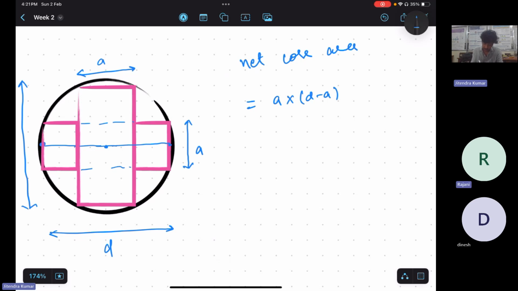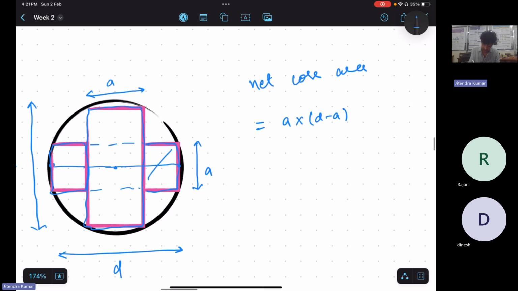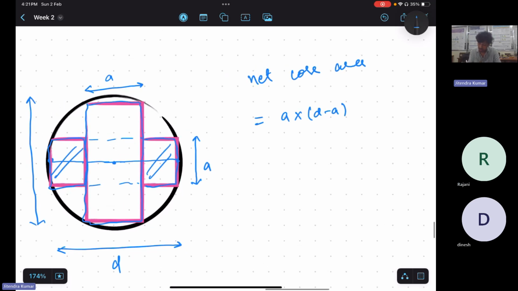This core is used here only. Another core is used here, and another section is used here. So we are dealing with 3 sections, but since these 2 sections have equal area, I am calculating for them A into D minus A, right?